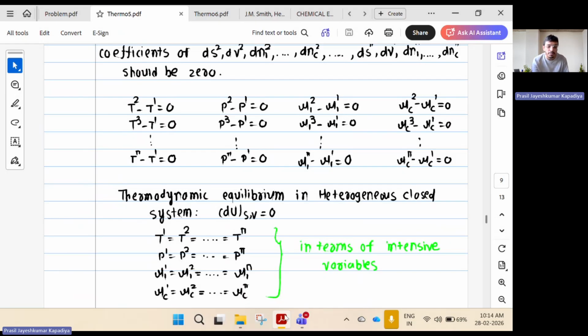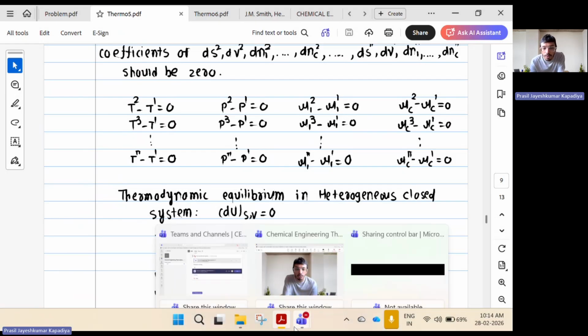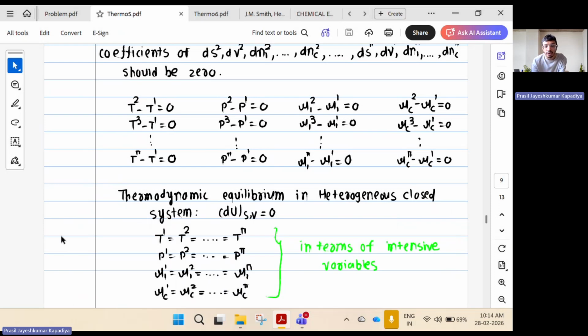So I can write it as mu c in phase 1 equal to mu c in phase 2 is equal to mu c in phase pi. So this is the condition of thermodynamic equilibrium that we accepted in our first lecture, and that is what we derived: temperature should be equal in each phase, pressure should be equal in each phase, and chemical potential of each component should be equal in each phase.